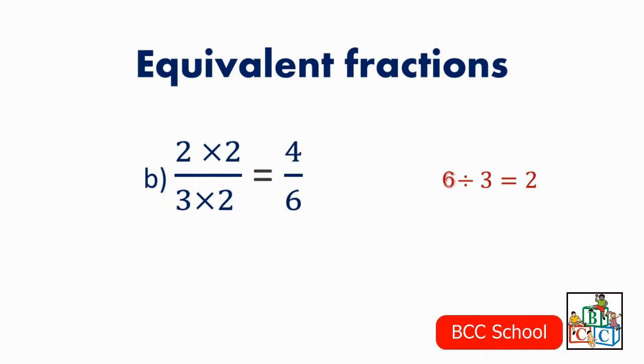Which means that I have multiplied 3 by 2 to get 6. Now, if I have multiplied the denominator by 2, I need to multiply the numerator by 2 as well. 2 times 2 gives me 4. So the answer is 4/6.